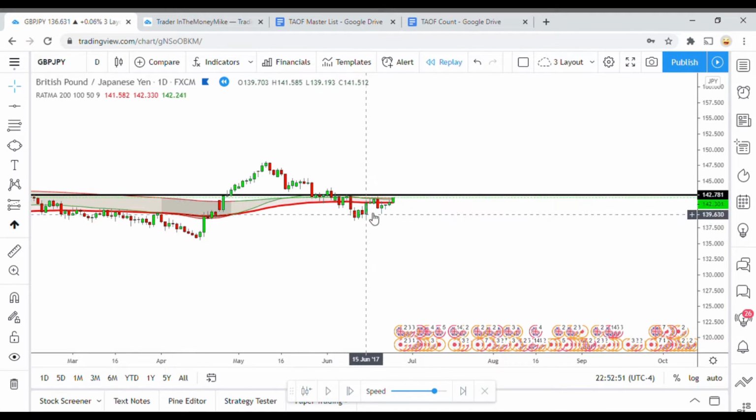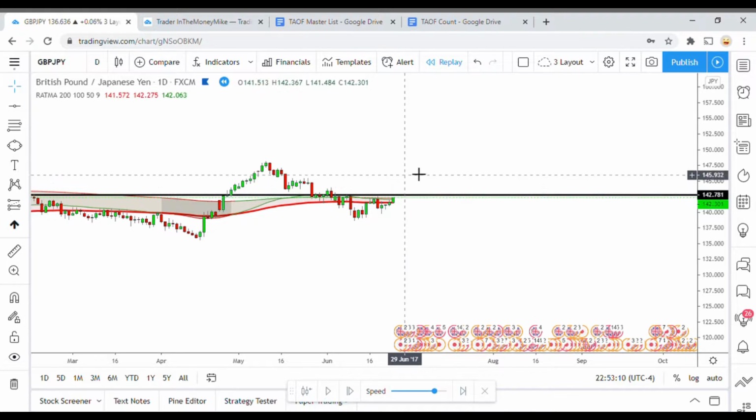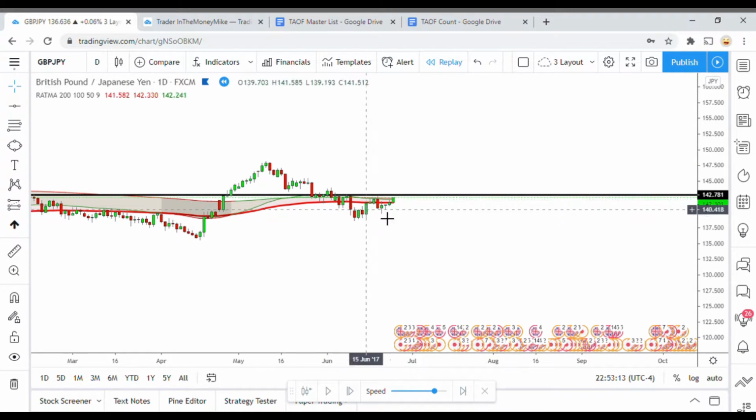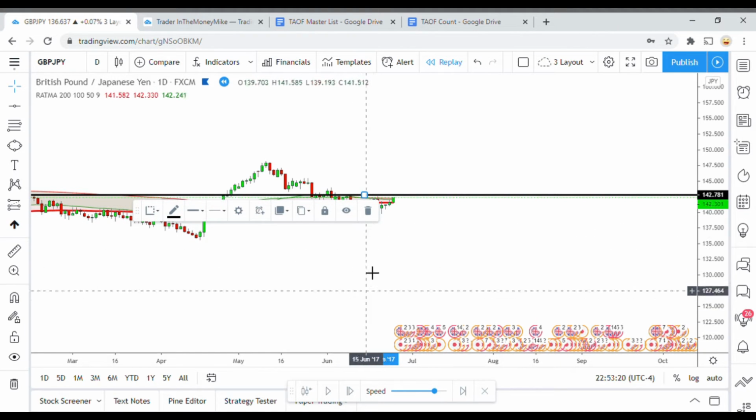And so you have kind of one shoulder here, a push for the head. This then develops a neckline as it forms this little candle, or I guess it's not little, but this red candle right here. Then as it starts to push back up here and breaks that neckline, we often see a spike of momentum in the upward direction, or if this was reversed, we would see a spike in the downward direction.